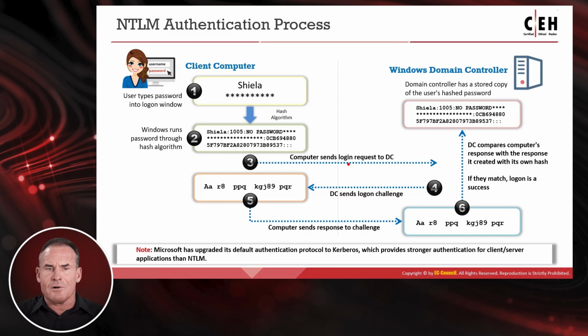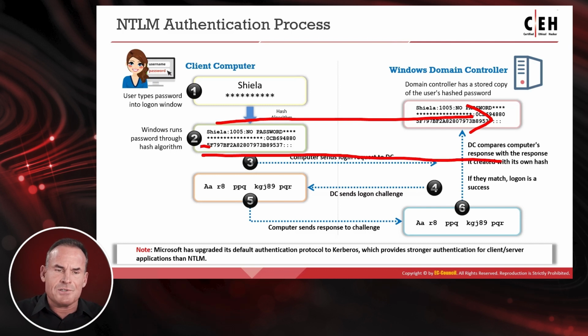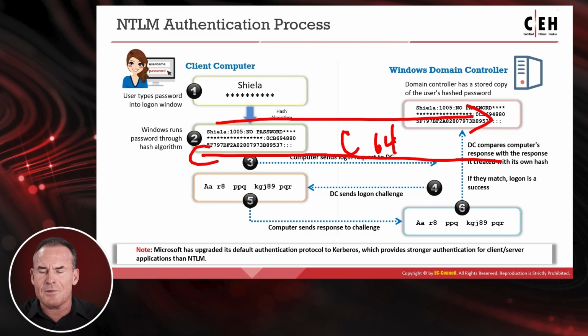So in a nutshell, when Sheila goes to log in to the domain controller, she sends her name. The domain controller sends back a challenge that is going to be matched against her submitted username and password. That challenge string is 64 bits of data, which is unique every time. You're not going to see the same challenge twice.